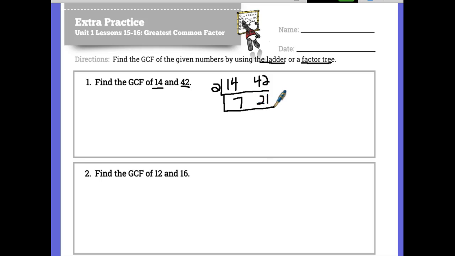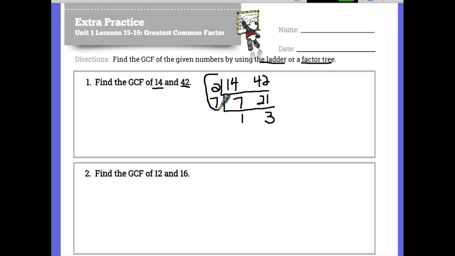Now I'm looking at 7 and 21. And I definitely know 2 is not going to go in. 5 isn't going to go in. So the next prime number is 7. And 7 goes into 7 one time. 7 goes into 21 3 times. Now I'm looking for the greatest common factor, the largest factor common to both.